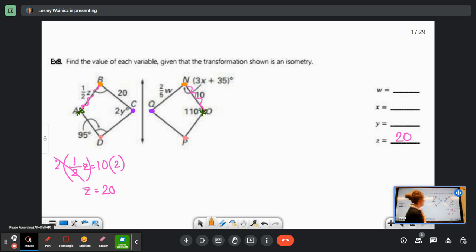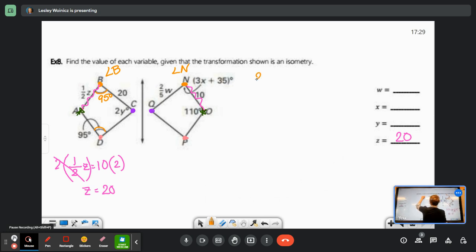Oh, okay, here's something important. If this angle is 95, it's marked congruent with this one, so this is 95 degrees. And I know that angle B has to be congruent to angle M because one is the image and one is the pre-image. They have to be congruent if this is an isometry.